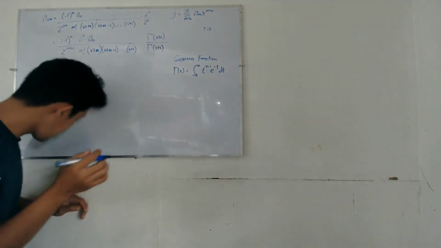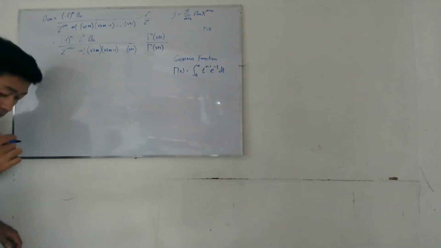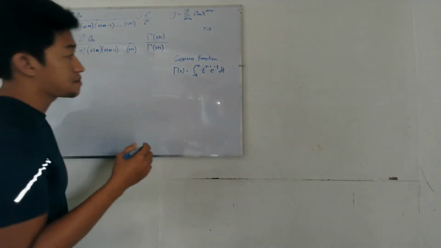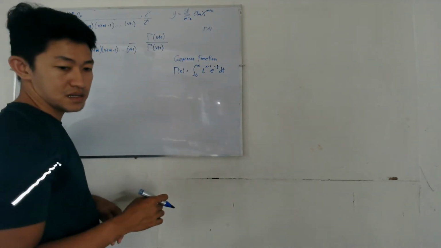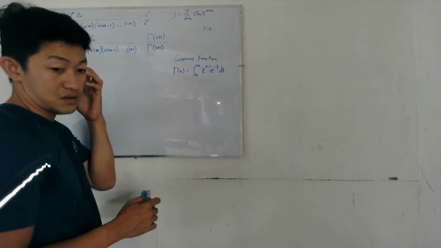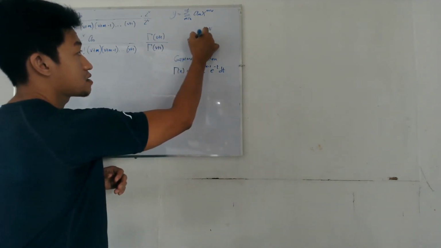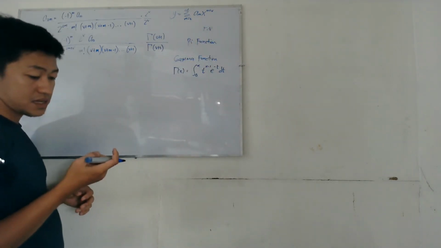Okay? So that's the definition of the gamma function. Now, the gamma function is related to the factorial, or it is also called the pi function. The two are related.